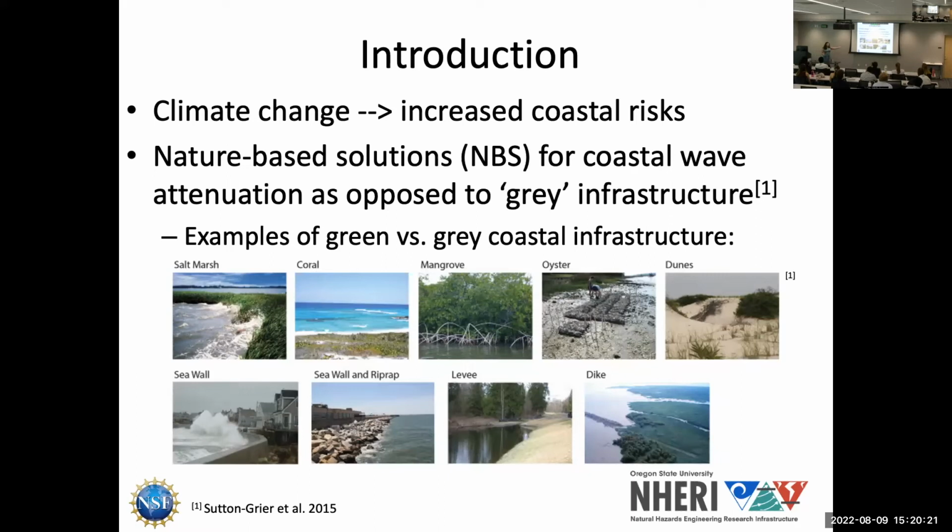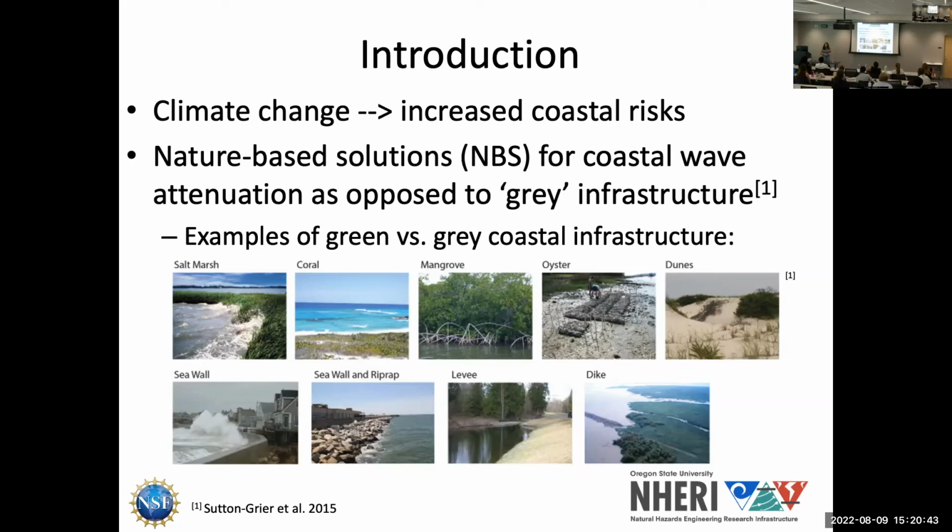Some examples are in this lower row of the graphic right here. Gray infrastructure has been used for centuries. It's definitely effective, but extremely costly and disrupts the environment. There's a lot of downsides.